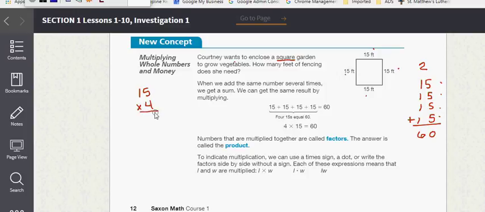Times sign is that X, usually, at least when you're doing it longhand this way. 5 times 4, this is just memorization that you should have by now in whatever grade, 5th, 6th, 7th grade. We should know 20 is 5 times 4. We write the ones place here, and then the tens goes on top of the 1, and then after we did this, now we do this. 4 times 1 is 4, plus 1, 2 is 6. And that's multiplication. And as they show, that comes to 60.